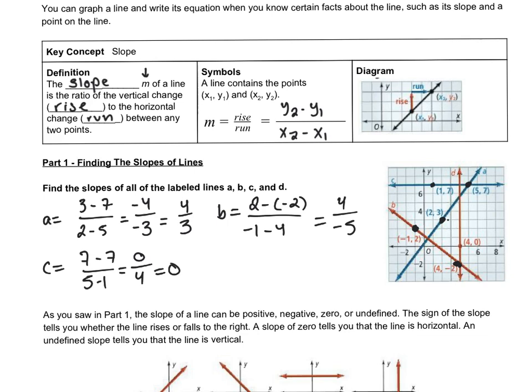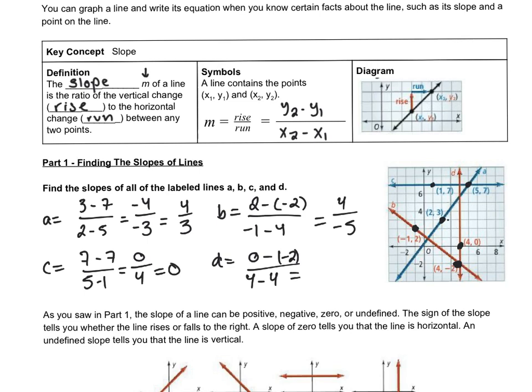All right, and then let's do D. D contains (4, 0) and (4, negative 2) as well. So we'll call (4, negative 2) x1, y1, and (4, 0) x2, y2. So y2 minus y1 over x2 minus x1 is 4 minus 4.